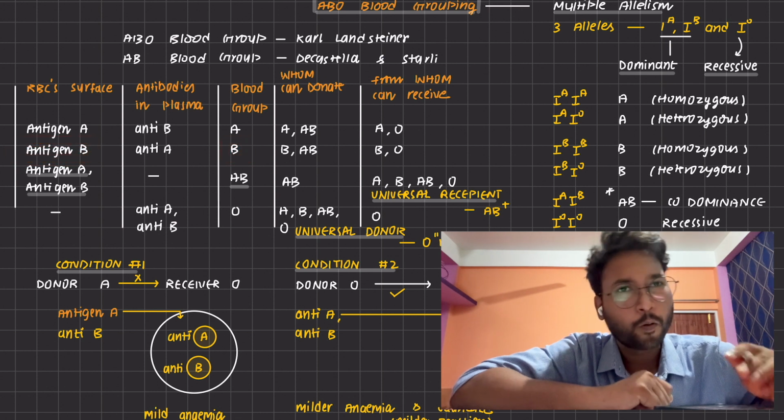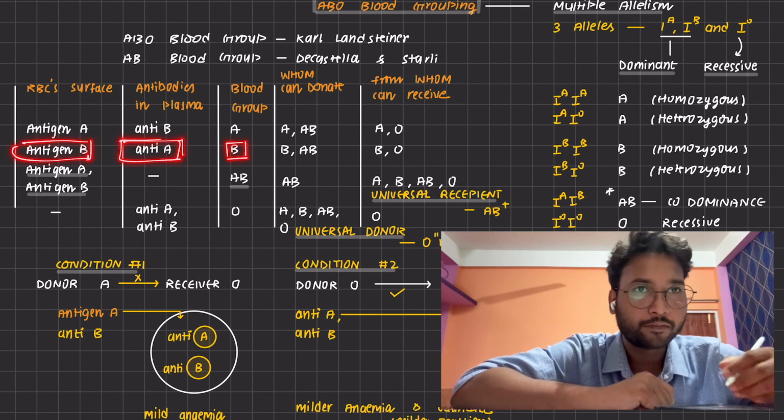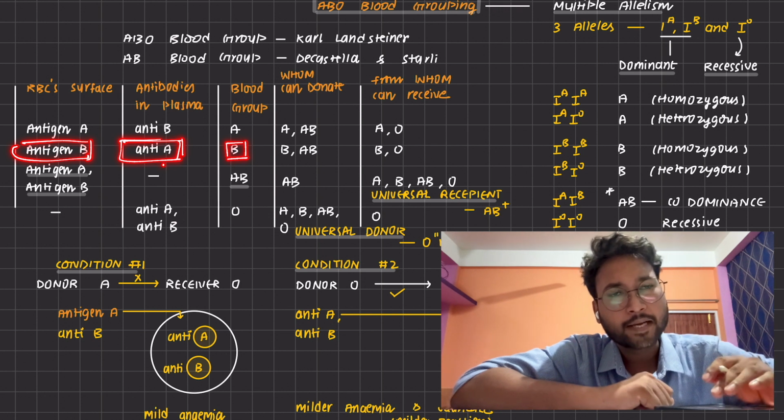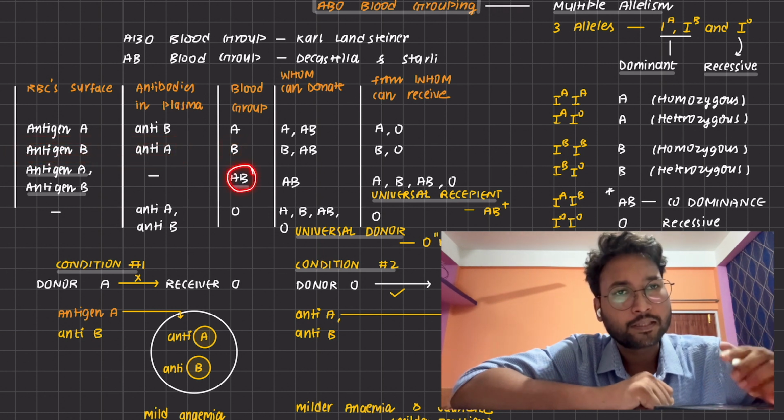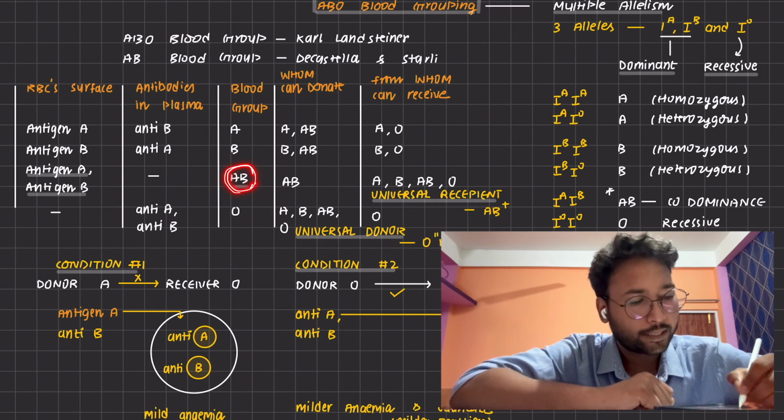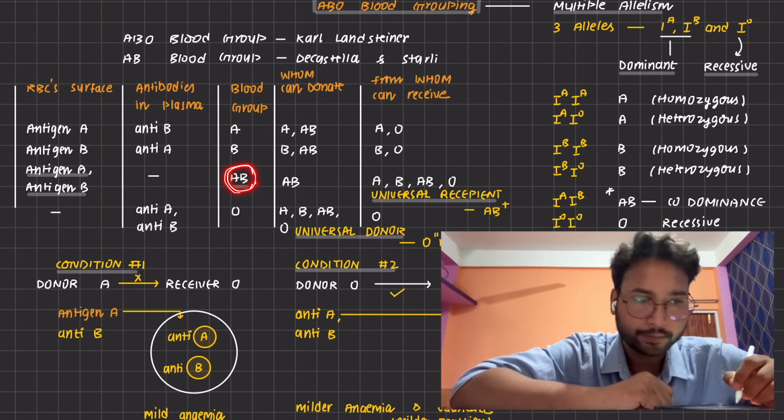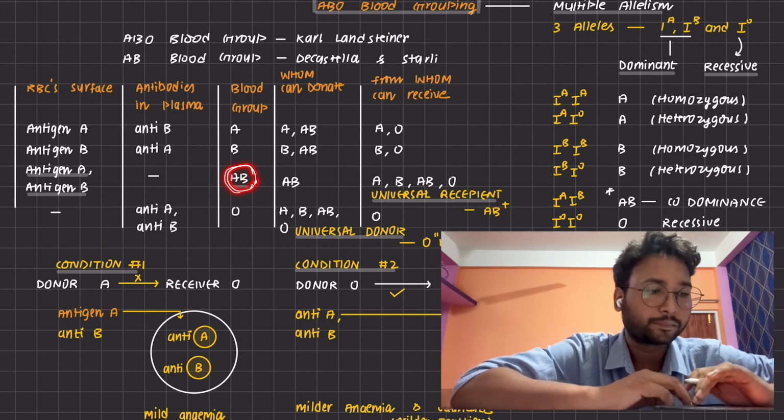And a patient with blood group O, which has no antigen on the surface of RBC, will have both anti-A antibody and anti-B antibody in plasma.